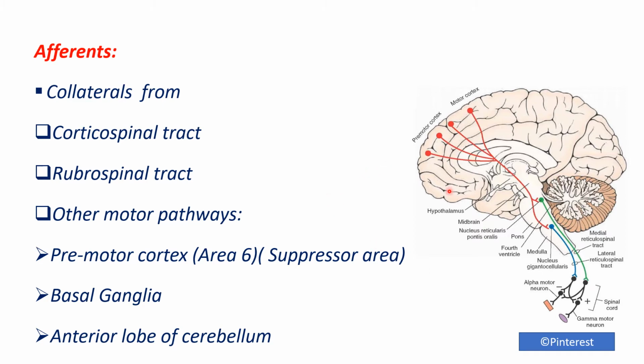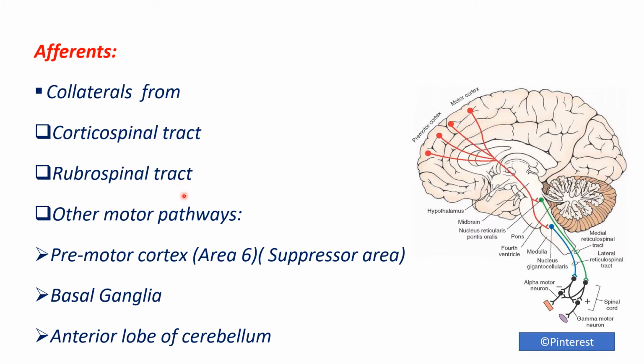The afferents to the inhibitory reticular formation, mainly the medullary reticular formation: it also receives collaterals from the corticospinal tracts, the corticoreticular fibers, and also receives fibers from the rubrospinal tract, that is from the red nucleus.